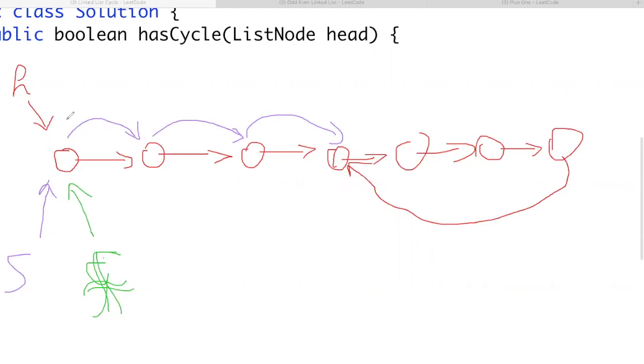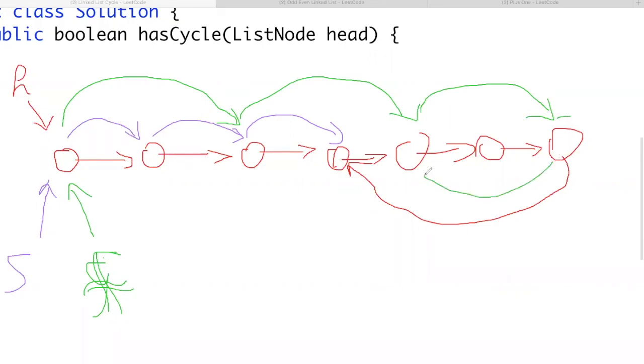It will go by 2 steps every time. So it will start from the same head, and then it will jump to here right now. And then the next one, it will jump here. And then the next one, it will jump here. And then the next one, it will jump here. And the slow one will jump here as well.